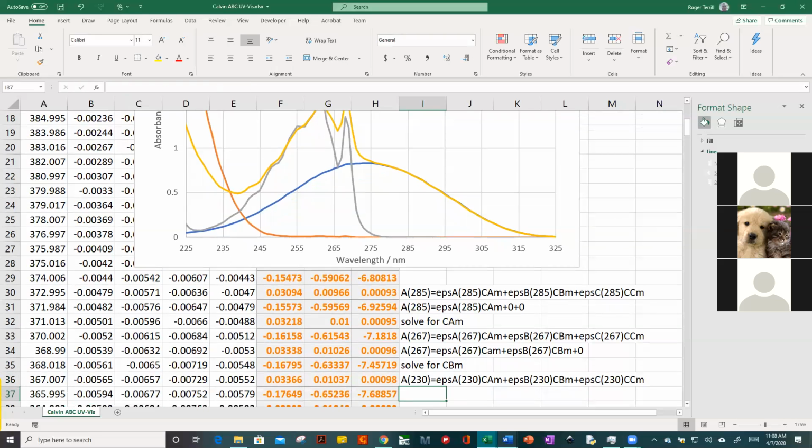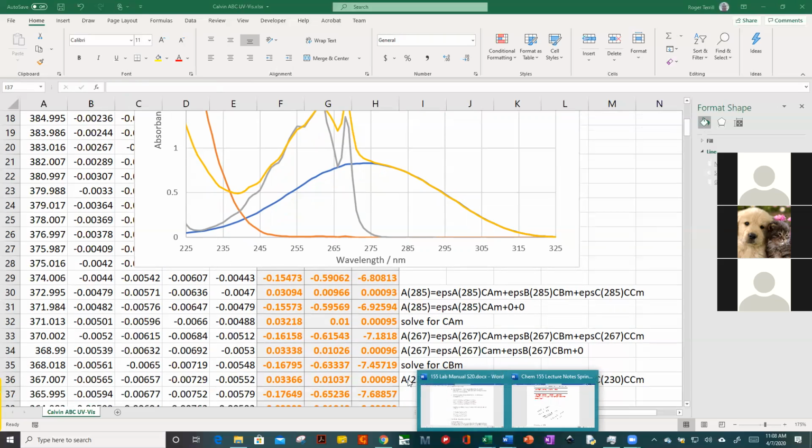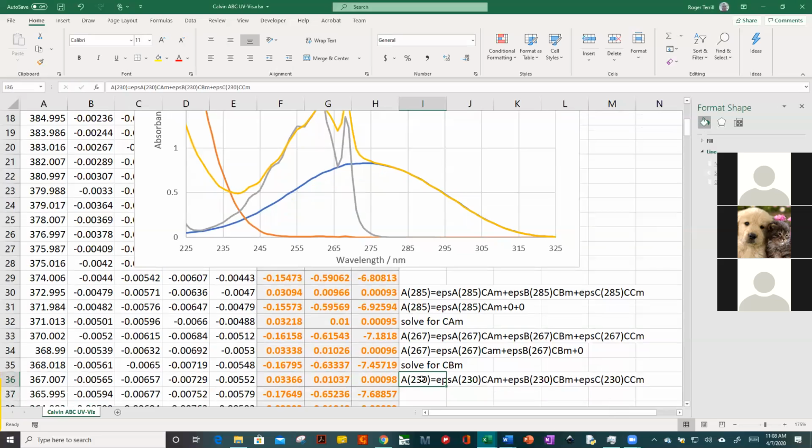Okay. So what we need to know now is, of these variables, or these symbols here, what are the knowns and what are the unknowns?